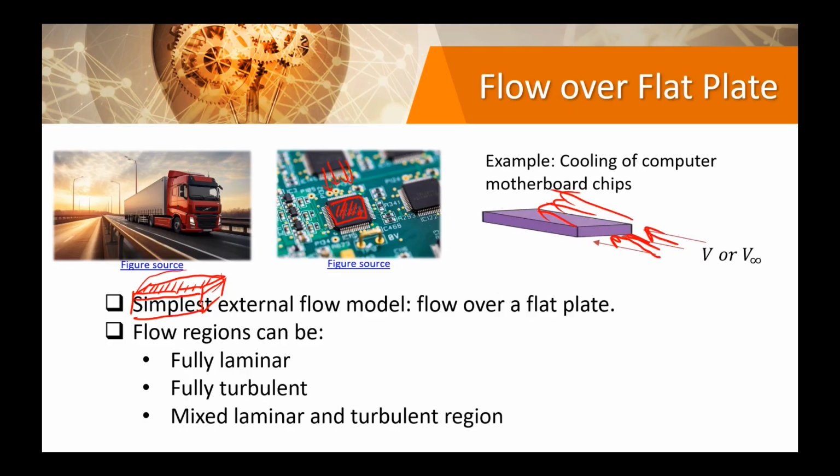And there are three main regions. One is laminar, one is turbulent, and you can also have a mix of both regimes. Okay, you can have both laminar and turbulent regions in flow setup.